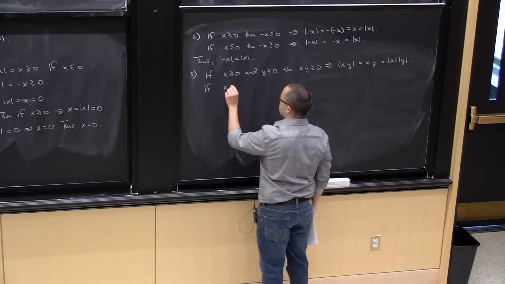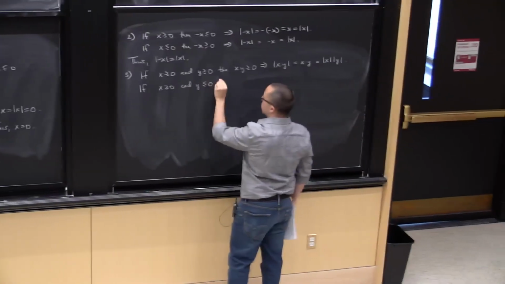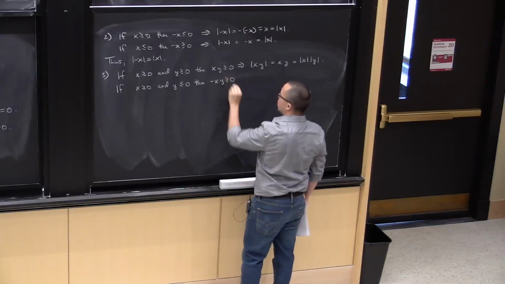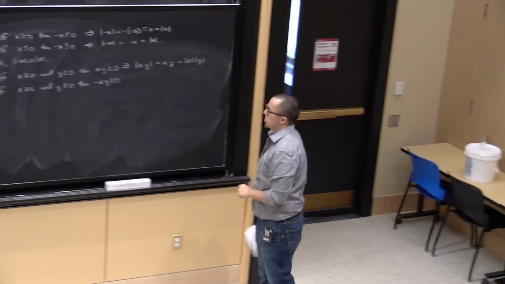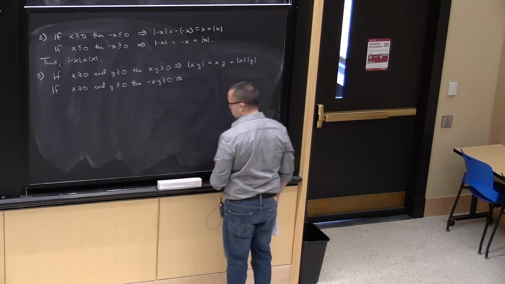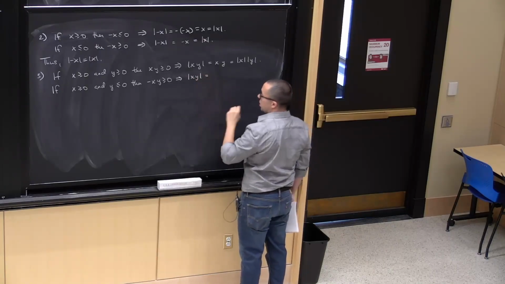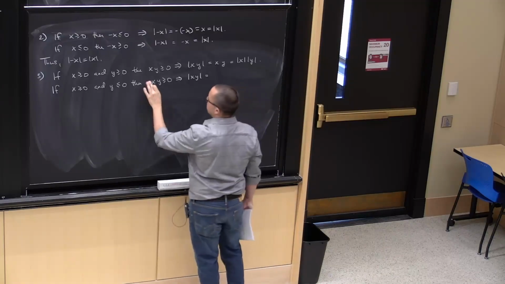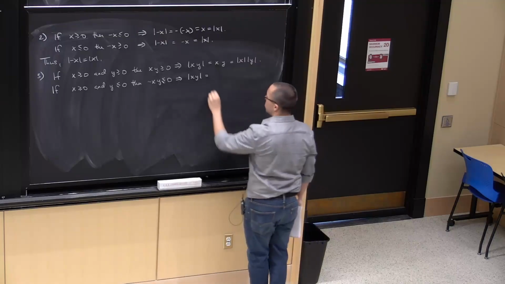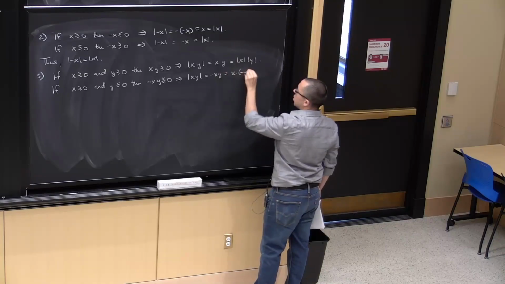If x is bigger than or equal to 0, and y is less than or equal to 0, then minus x times y is bigger than or equal to 0, which implies that the absolute value of x times y is equal to, let's write it this way, minus x y, which is equal to x times minus y.